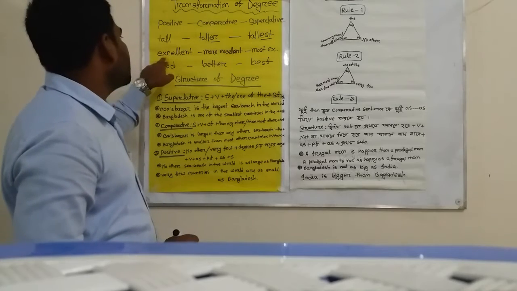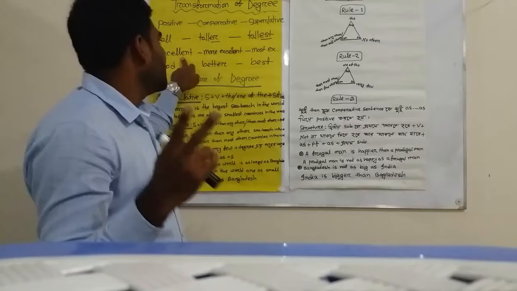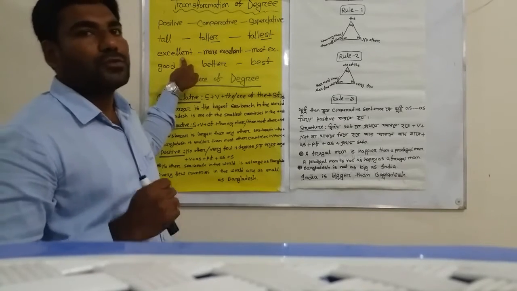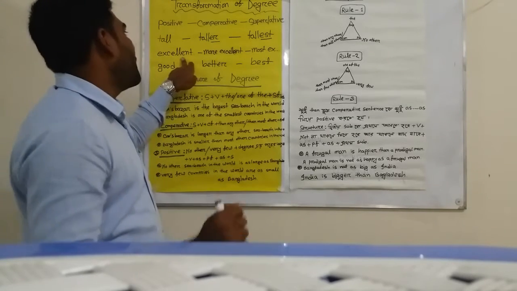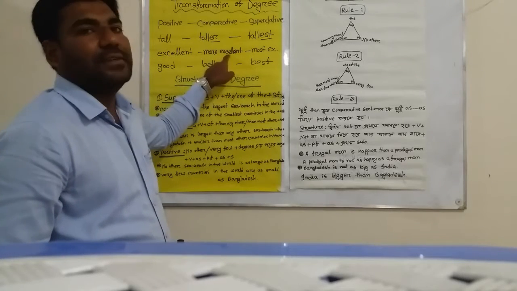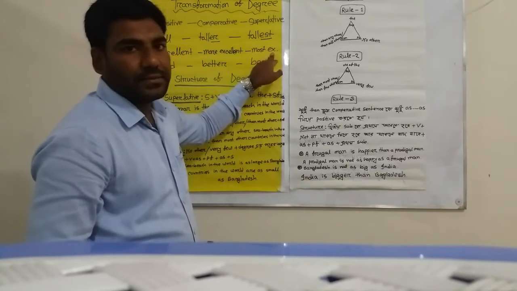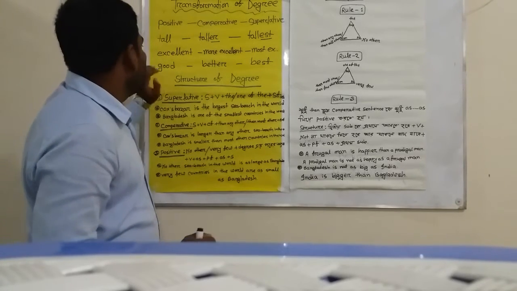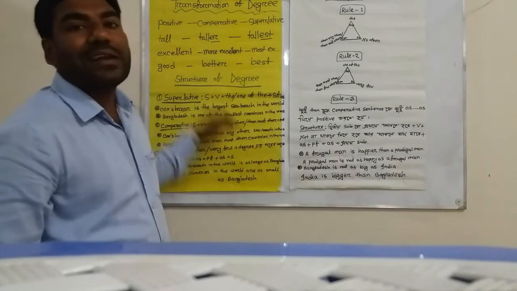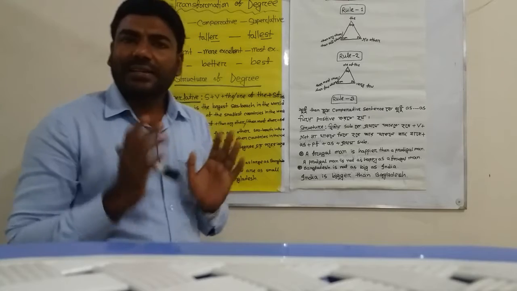Suppose excellent, 3 times pronounced, 3 বারে উচ্চারিত হয়েছে. So if you want to make it comparative, you have to use more before the word. More excellent and most excellent.